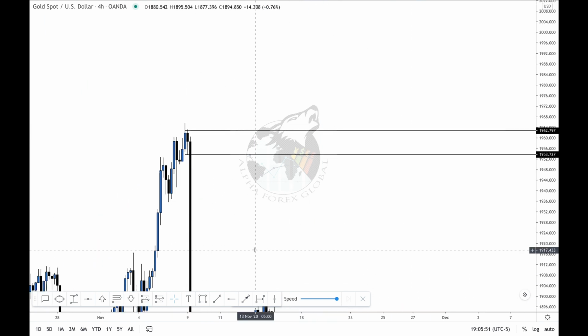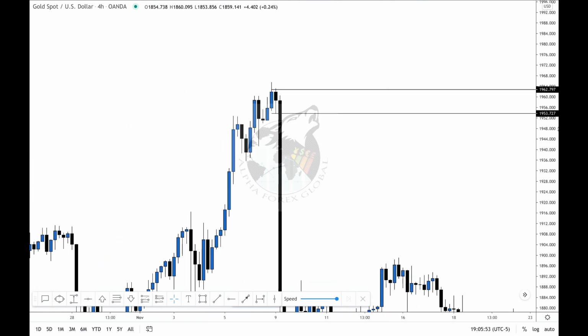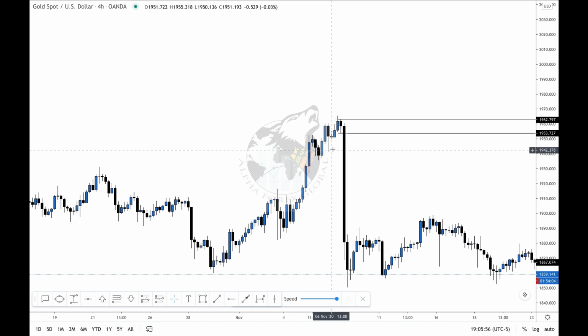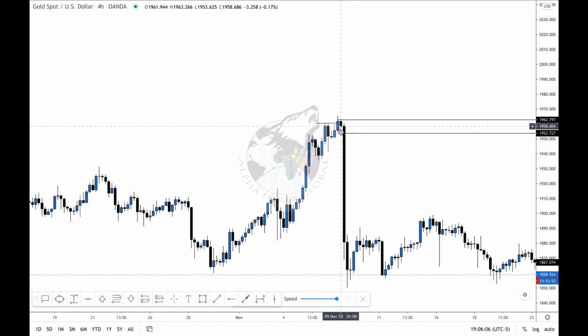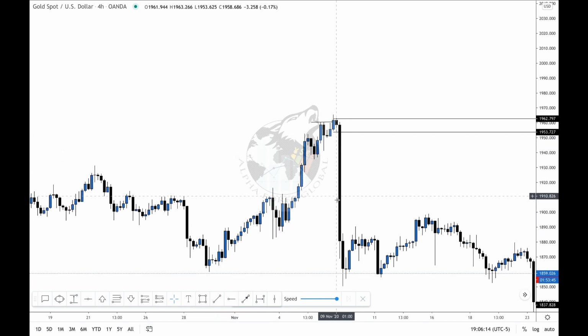This was a huge drop on gold. The market took out some liquidity from this equal high, created this order block right here, and then the market fell and broke structure. But then we had this huge inefficiency right here, this huge gap.